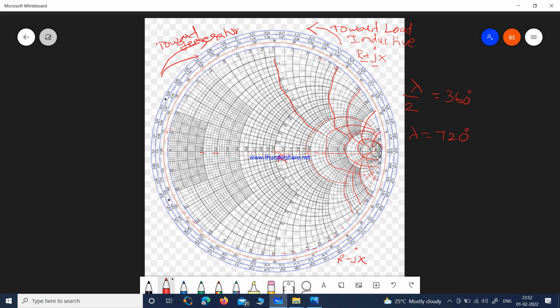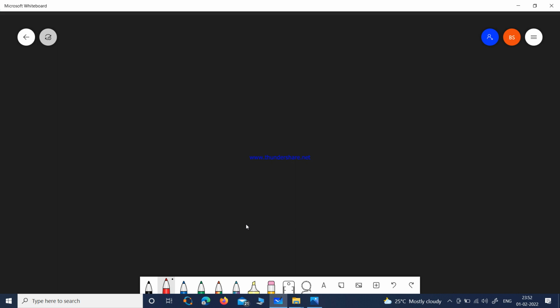So we will start with one problem. Let me read the question. They asked: a lossless transmission line with the characteristic impedance Z0 of 50 ohm is 30 meter long and operates at 2 megahertz.